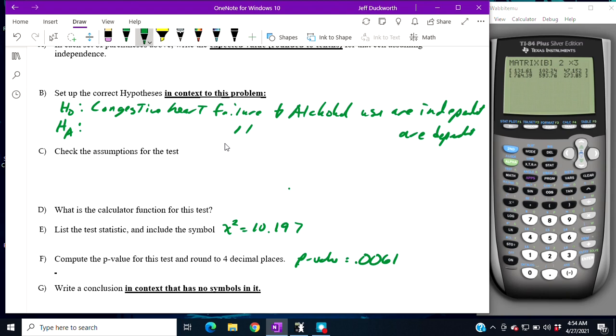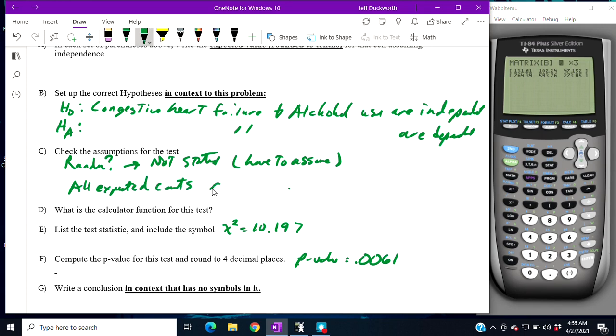All right, check the assumptions for the test. Randomly selected. We don't know. Not stated. So we have to assume. And then all expected counts are at least 5. Well, if we go up here, we actually have it right over there.